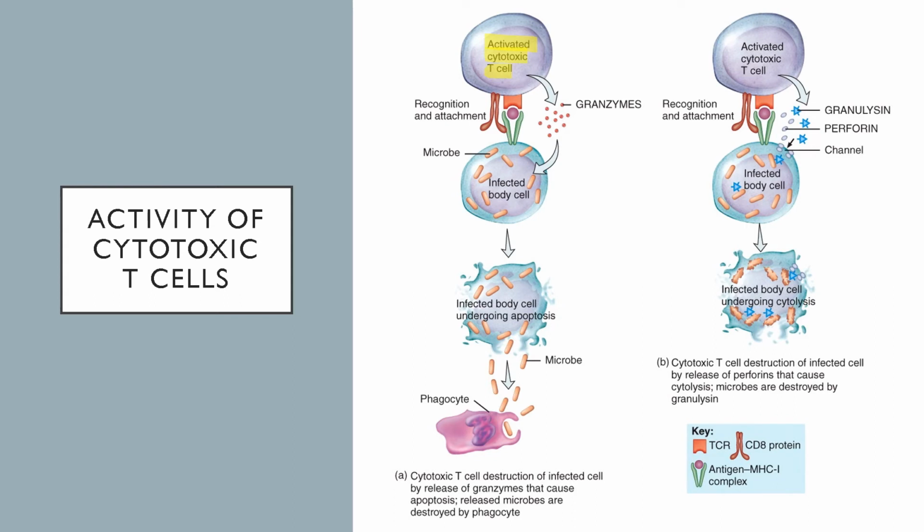So we can see this MHC molecule with the antigen being presented on the infected body cell surface. And that activated cytotoxic T cell will recognize that and bind to the infected body cell. Once that recognition occurs, the T cell will then release granzymes. These are protein digesting enzymes that trigger apoptosis.